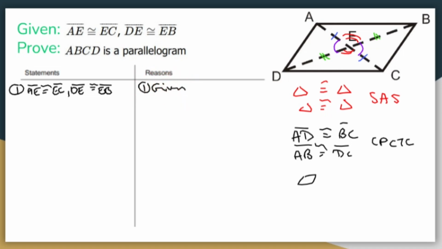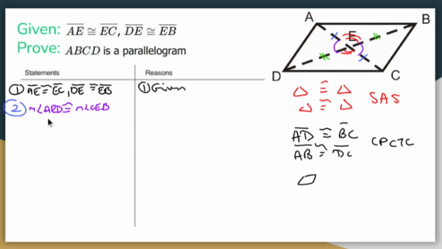All right, so I have two pairs of congruent sides of triangles going on here. I also have the fact that, let me use the colors that correspond, the measure of angle AED and the measure of angle CEB are congruent.